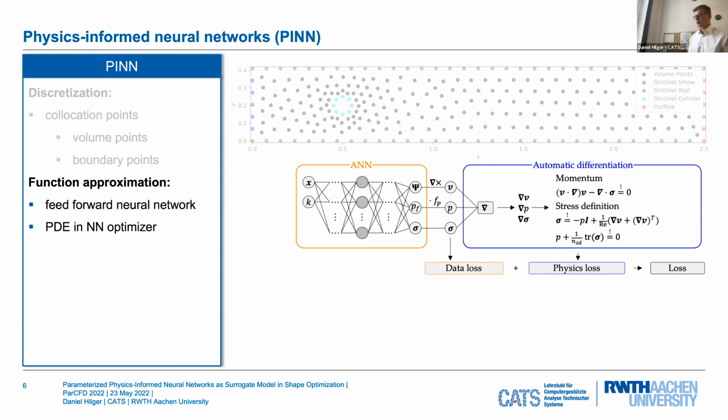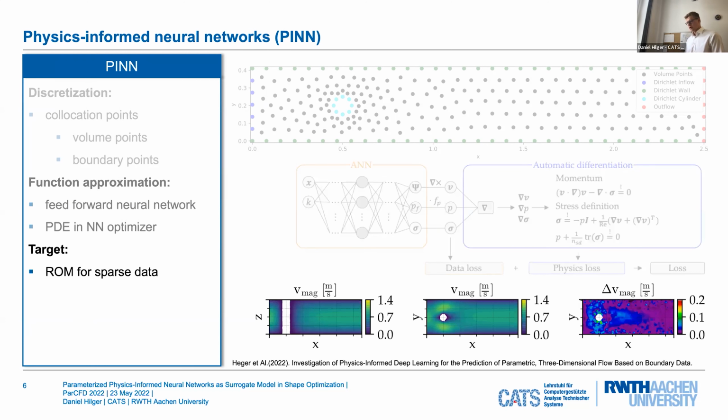We can then use it in the optimizer that optimizes our neural network to obtain a solution that fulfills the conditions of the physics problem. We end up with a prediction for our problem, as shown here, for instance the flow around a cylinder. And we recently published some first results based on that.